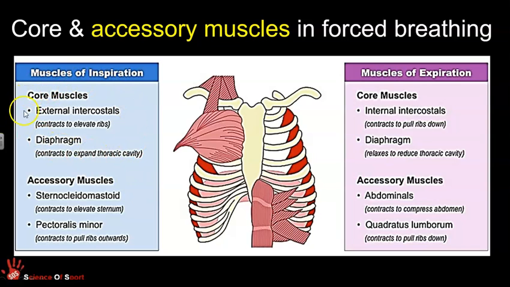Notice that the same muscles help you breathe in as well as the accessory muscles. You should know sternocleidomastoid up here and pec minor, one of your chest muscles. They help you breathe in more frantically. There's another muscle up here called scalenes. That's another accessory muscle. Breathing out in exercise is an active process.